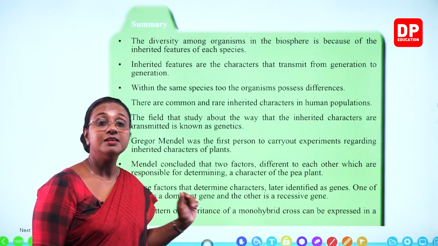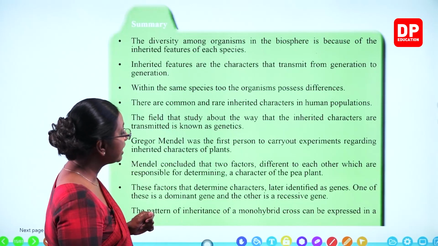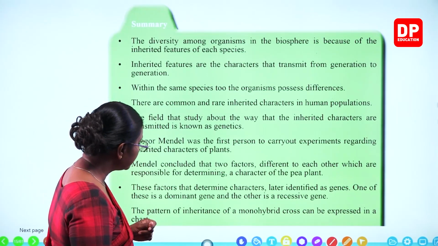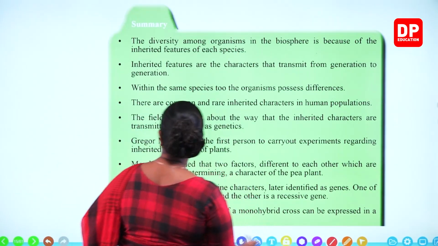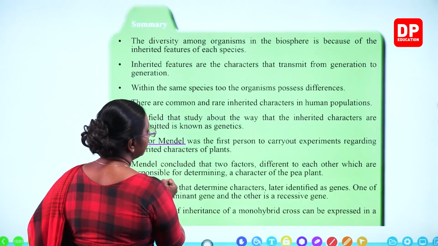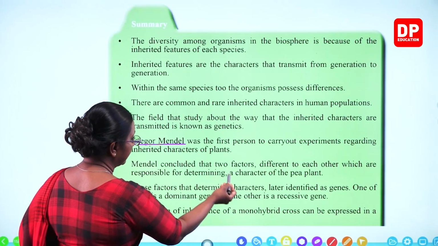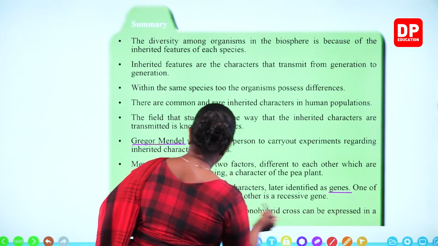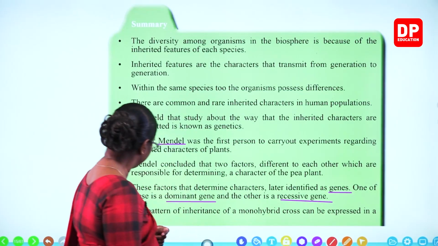So this is the summary. These factors that determine characters were later identified as genes. One of these is a dominant gene and the other is a recessive gene. So you are familiar with all these terms. Gregor Mendel, then the experiments using the garden pea plant, and then it was identified as genes and the dominant gene, recessive gene, all are familiar to you.